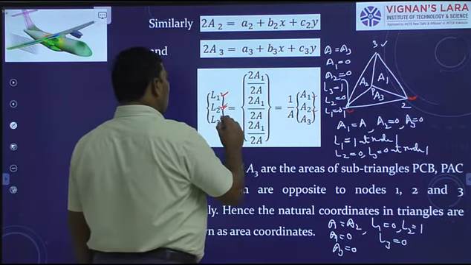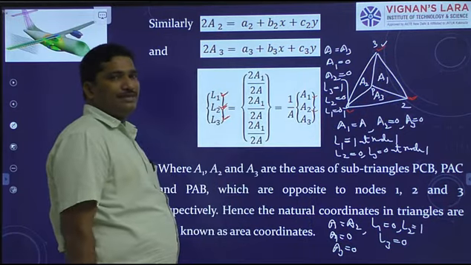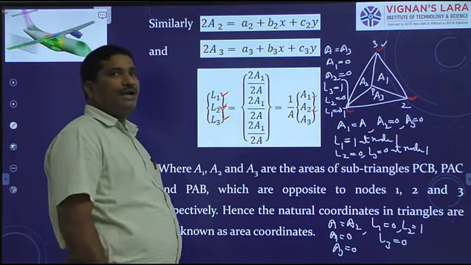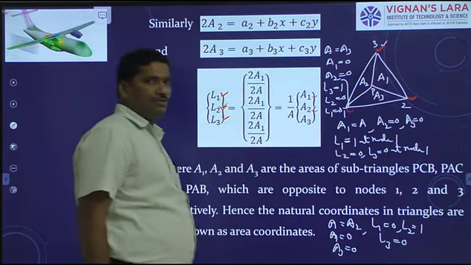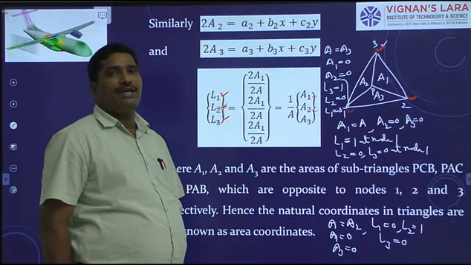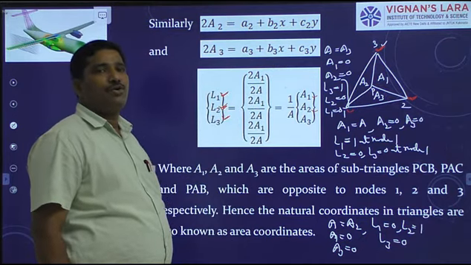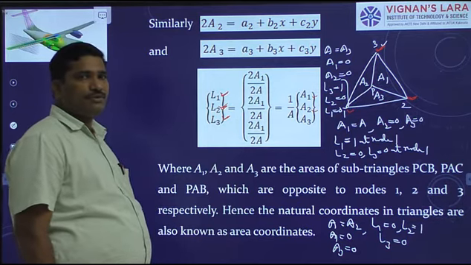Next, natural coordinate L3 is unity at node 3, and L1 and L2 are zeros at node 3. And moreover, at each point on this triangle, the sum of the natural coordinates is unity.